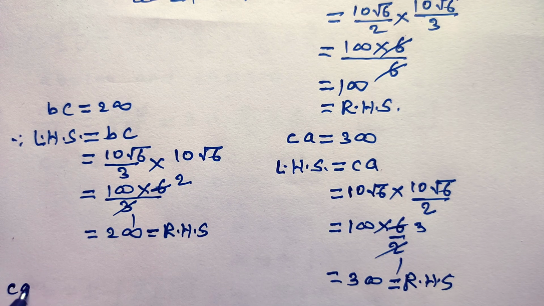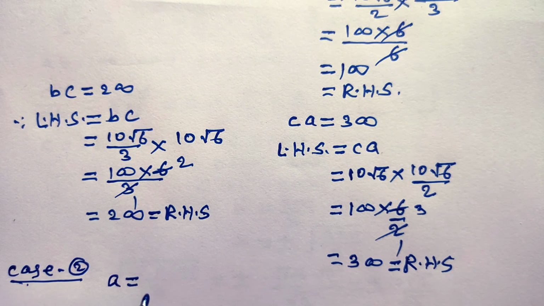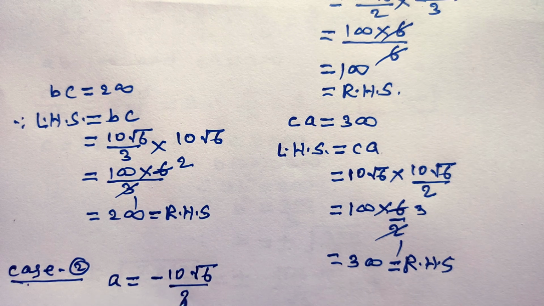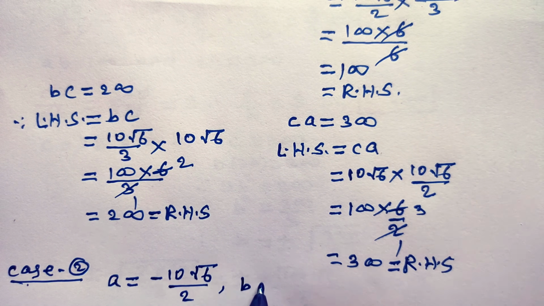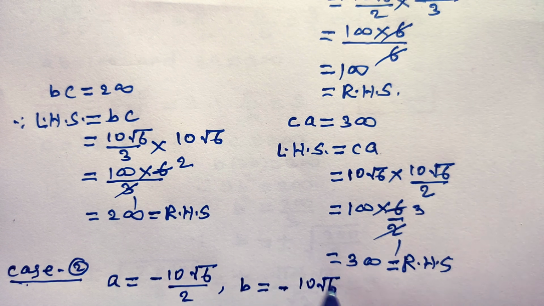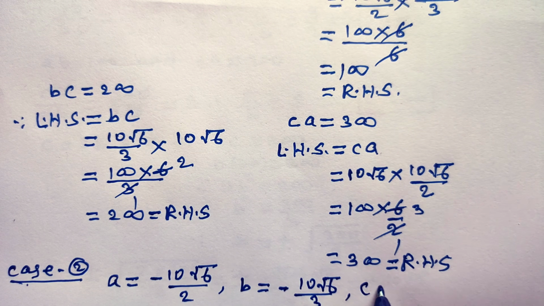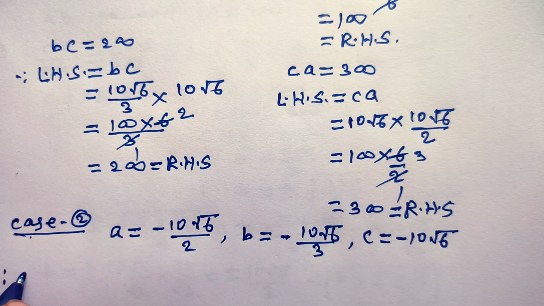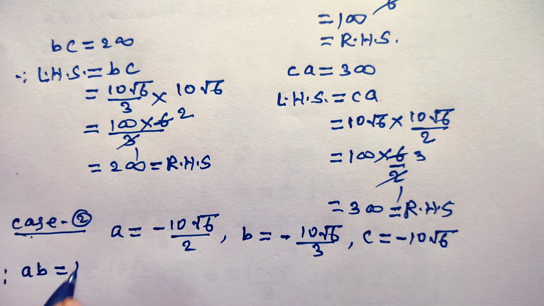Now, case number 2. A is equal to minus 10 times square root of 6 divided by 2. B is equal to minus 10 times square root of 6 divided by 3, and C is equal to minus 10 times square root of 6. Let us verify. AB is equal to 100.